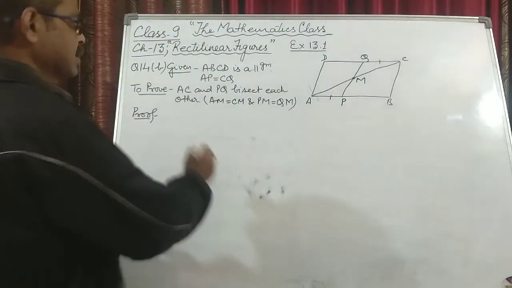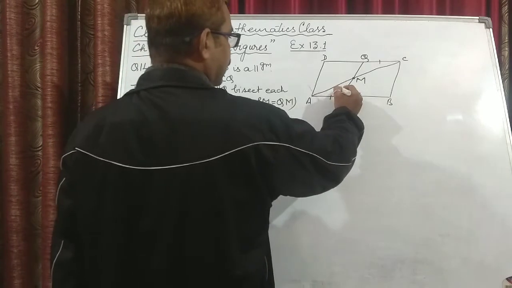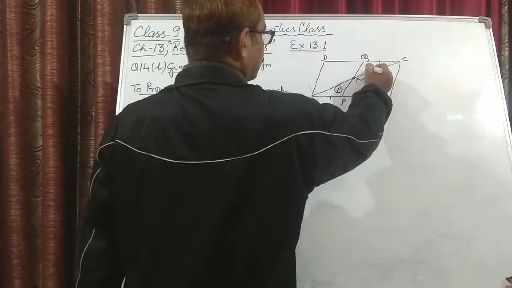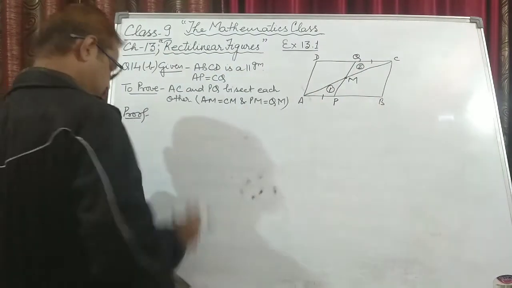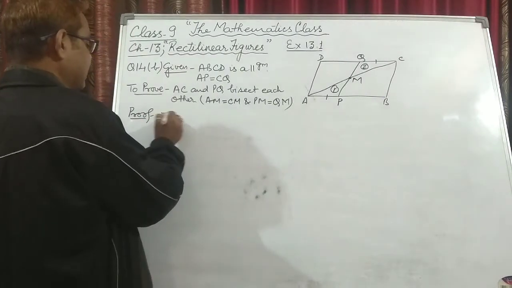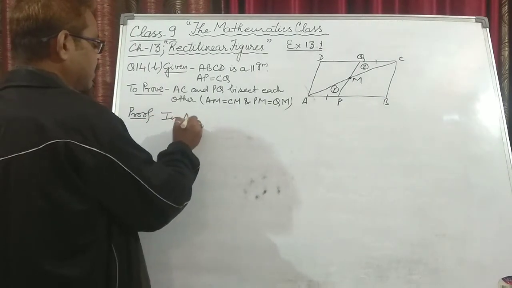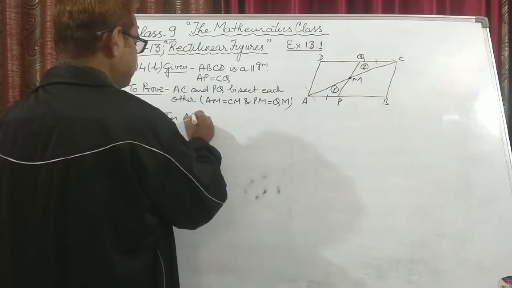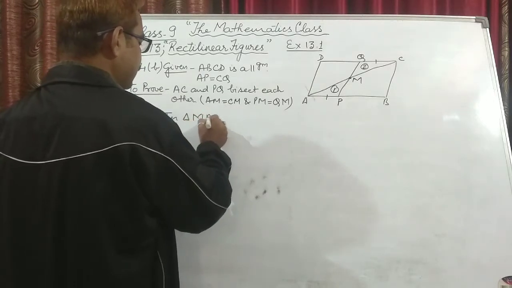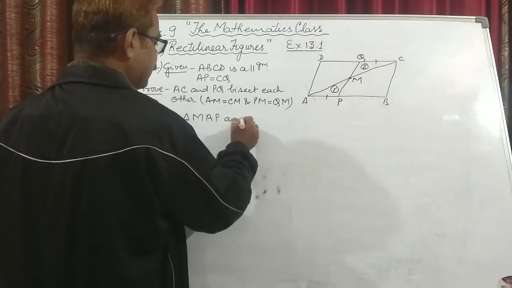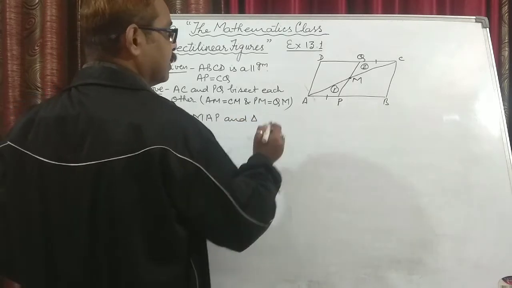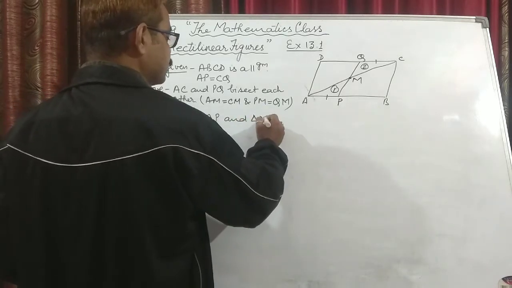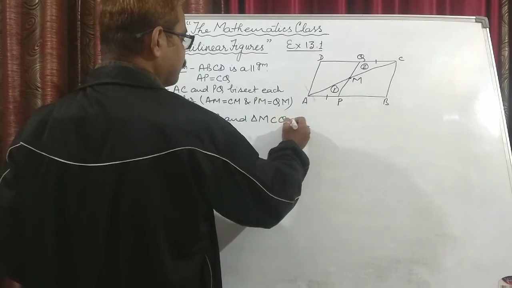Now if we consider the triangle 1 and triangle 2, let's say in triangle MAP and triangle MCQ.